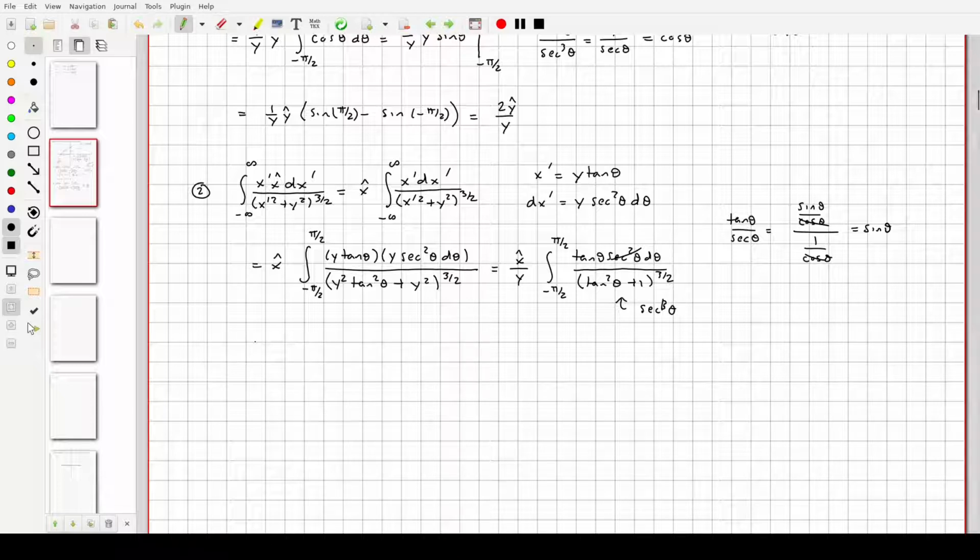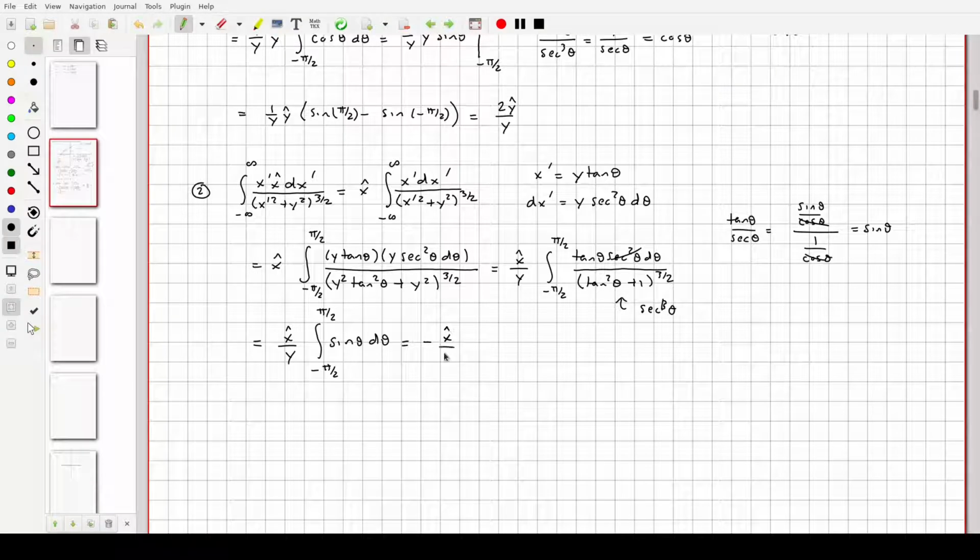Okay, so our integral here is going to be x hat over y, the integral from minus pi over 2 to pi over 2 of sine of theta d theta. Now look, the derivative of sine we know is cosine. The derivative of cosine is minus sine. So when you do the antiderivative of this, that puts a minus sign out in front.